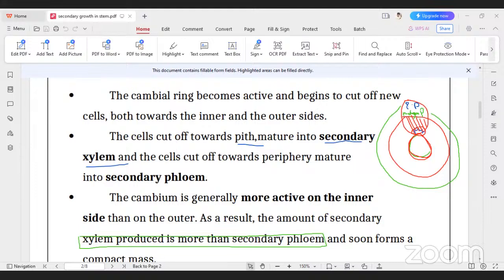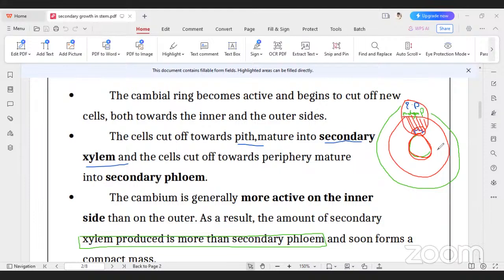What happens when secondary tissues increase inside and outside? Is there any effect on the epidermis due to the increase of the secondary tissues? Pressure will be formed on the epidermis, on the outer external region.